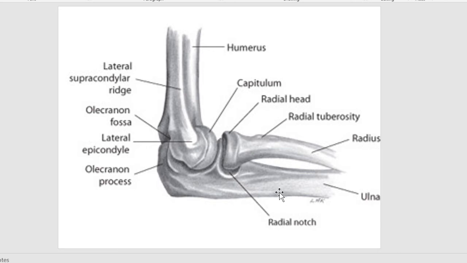So this is the lateral view. Look at the structure: you have the radial notch, which is found in the ulna. This is where the head of the radius articulates.